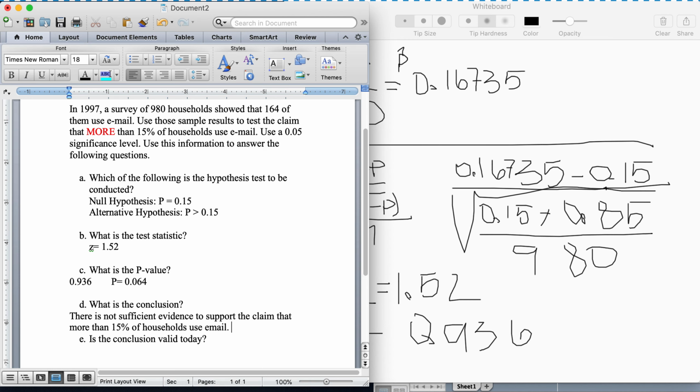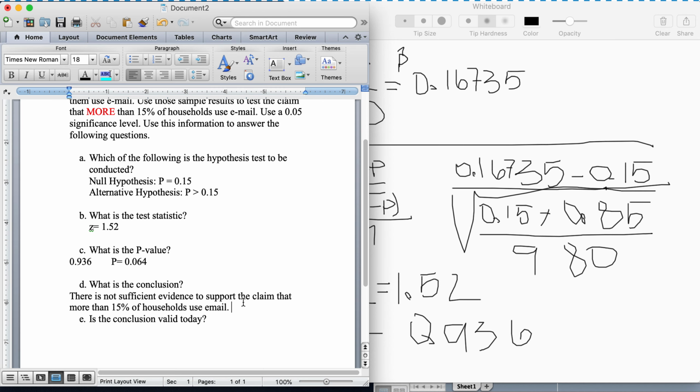The reason why there is not sufficient evidence is because the p-value is smaller than 15%, but then it's also bigger than our significance level, which is 0.05. So there's not enough. There's not sufficient evidence. Sorry.